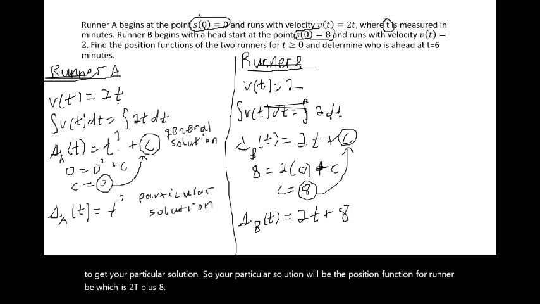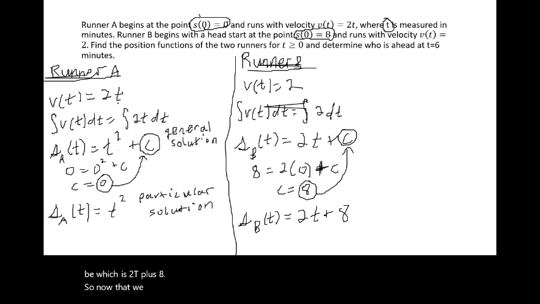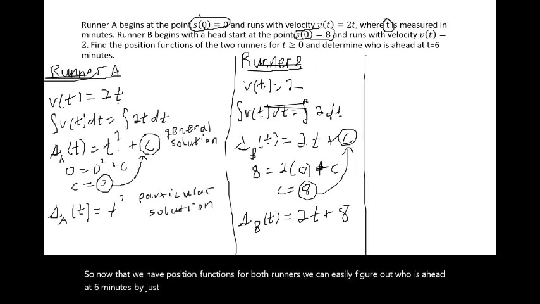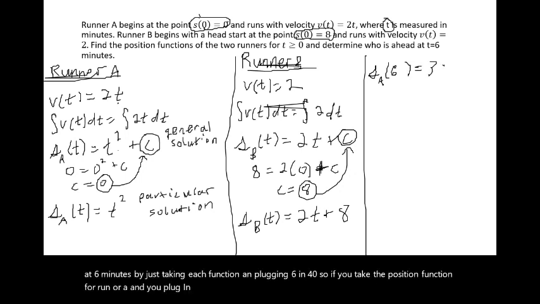So now that we have position functions for both runners, we can easily figure out who is ahead at 6 minutes by just taking each function and plugging 6 in for t. So if you take the position function for runner A and you plug in 6, you get 36.